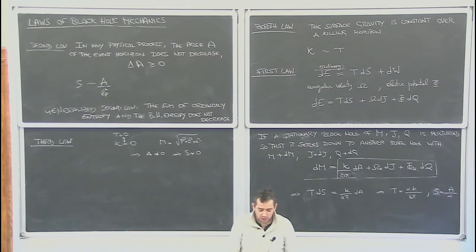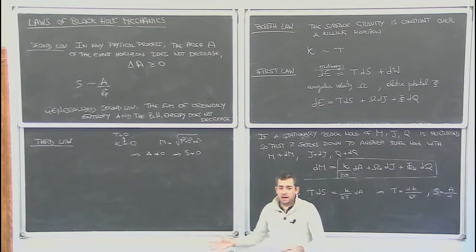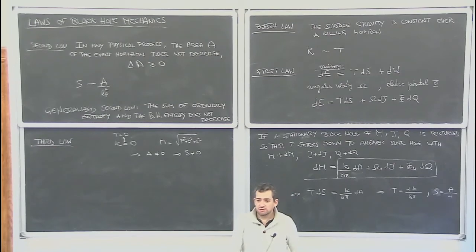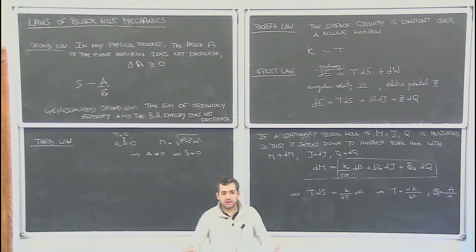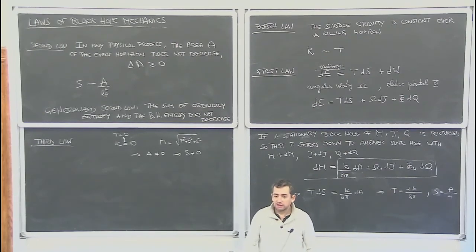If we ask what's the entropy of a black hole, we have to count the microstates. But if there is a temperature, it's hard to do that because you are in the canonical ensemble, and you will need to go to the microcanonical ensemble to count the microstates. But when the temperature is zero, it makes more sense because basically it's just a matter of counting ground states.